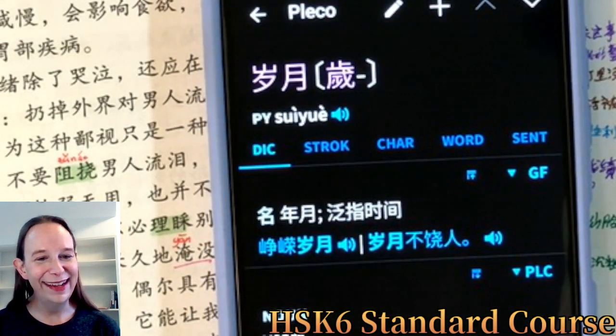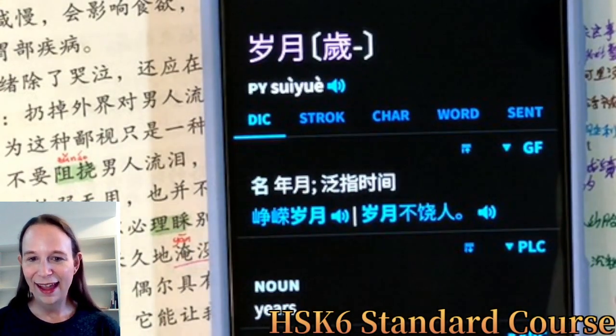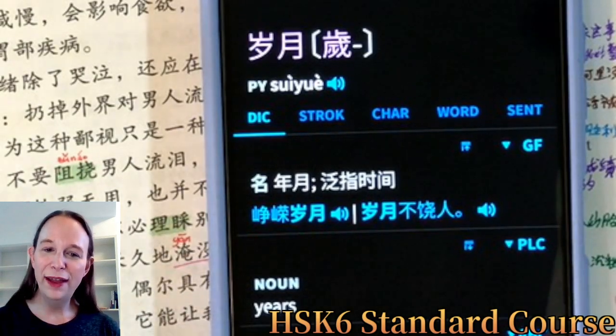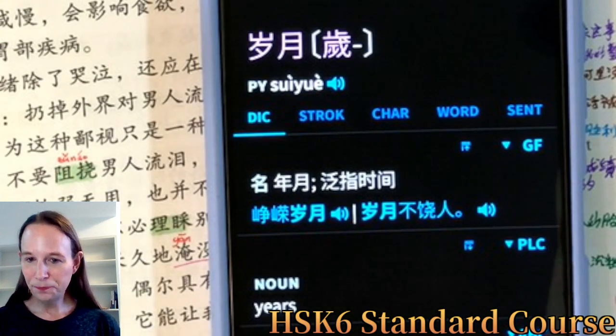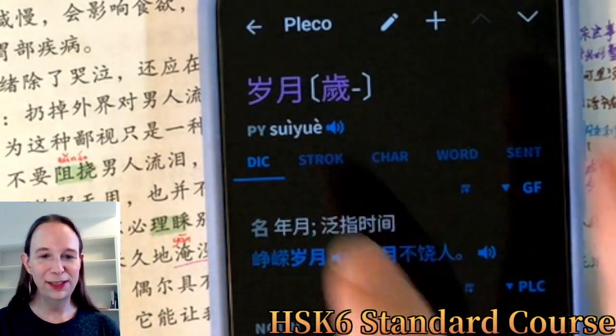This is another one, right? Like you make a mental note that these words exist, but you've studied 年 and you've studied 月, possibly in one of your first ever Chinese classes. And then someone comes along with 年月 or 岁月.